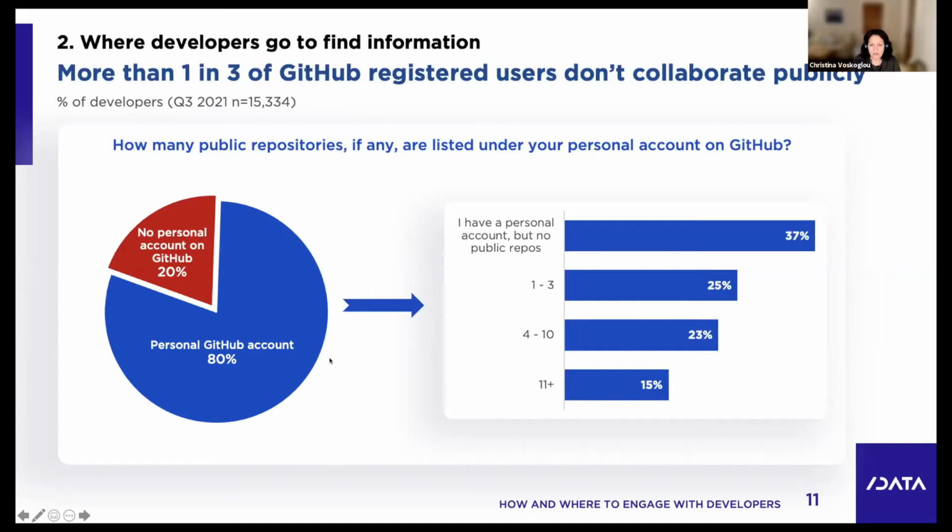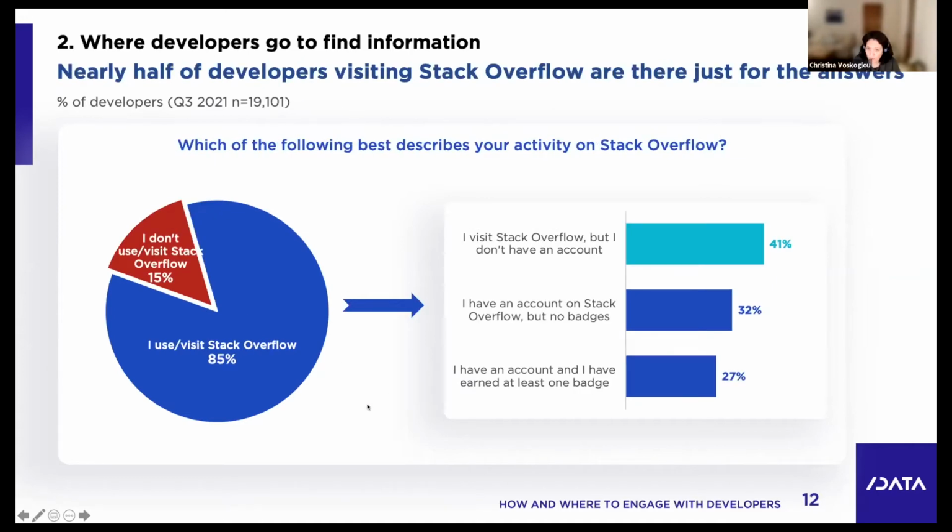And it becomes even clearer if you look at Stack Overflow. Similarly, we asked them whether they use Stack Overflow and what best describes their activity there. And of course, David in a minute will show you more data here. But my point is that the majority does use Stack Overflow, but out of those who do, 41% don't have an account, which means they're just there for the answers, right?